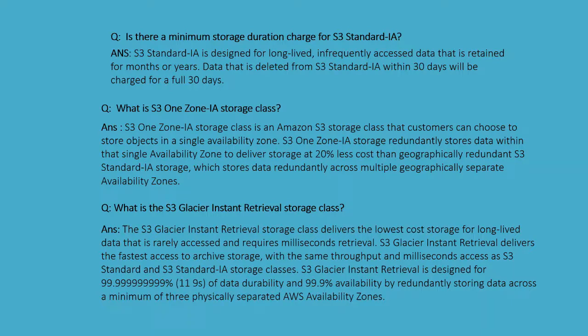S3 Glacier Instant Retrieval delivers the fastest access to archive storage, with the same throughput and millisecond access as the S3 Standard-IA storage classes. It is designed for 99.999999999% data durability and 99.9% availability by redundantly storing data across a minimum of three physically separate AWS availability zones.